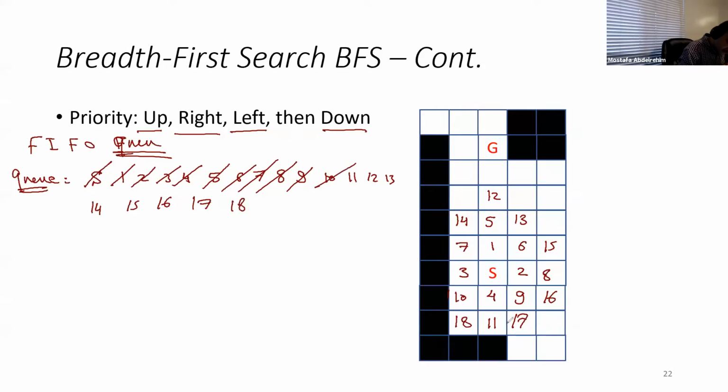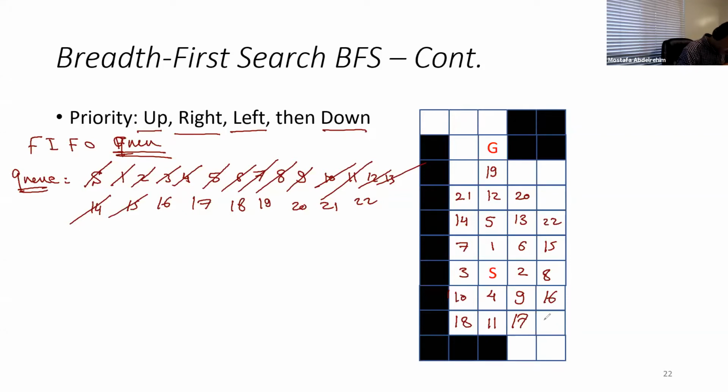Then 11, no options, remove 11. 12, 3 options, so 19, 20, 21. Remove 12. Now 13, one option, 22, remove 13. 14, no options, remove 14. 15, no options.